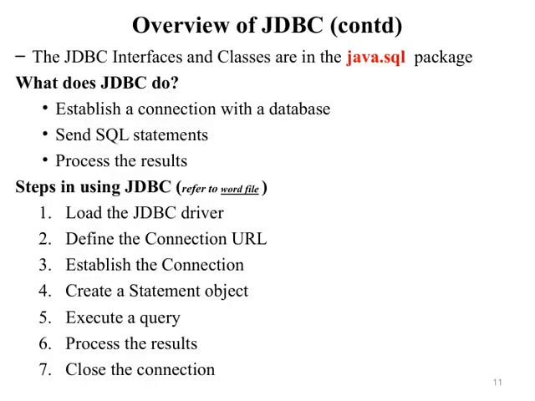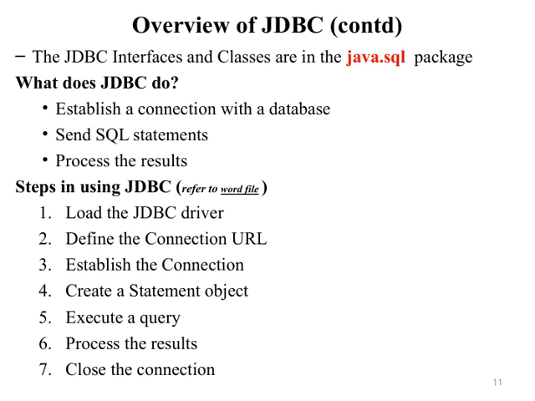Let's take a closer look at slide 11, which is an overview of JDBC and its key components. First, it's important to note that the JDBC interfaces and classes are part of the java.sql package. This package provides the essential tools we need to interact with databases in Java. So, what exactly does JDBC do?